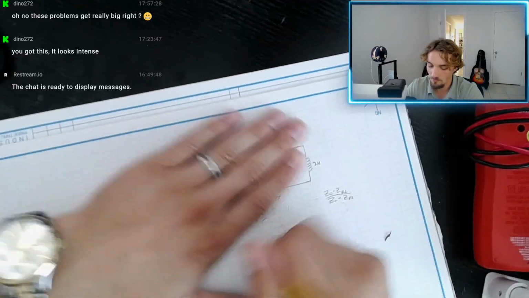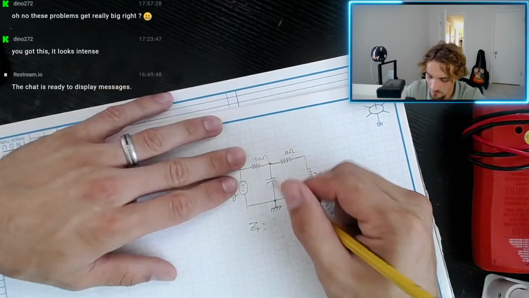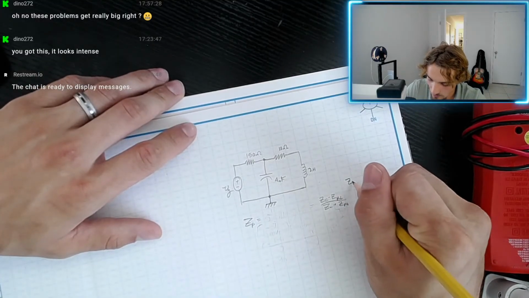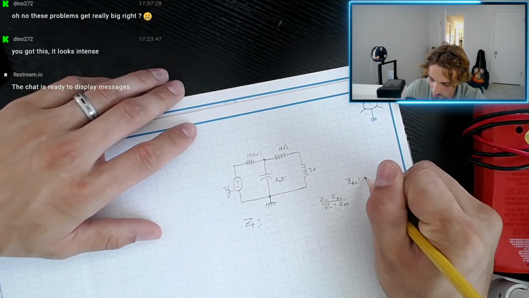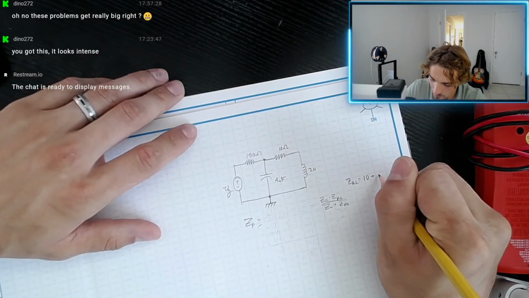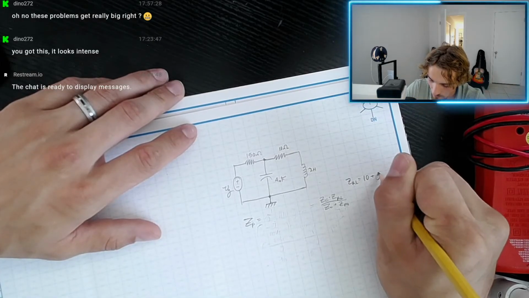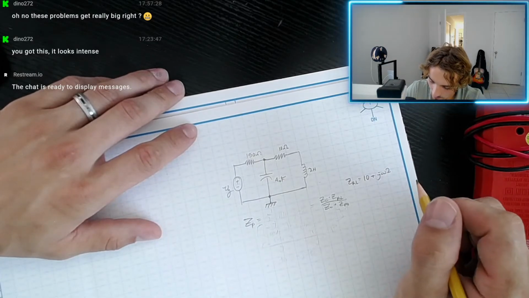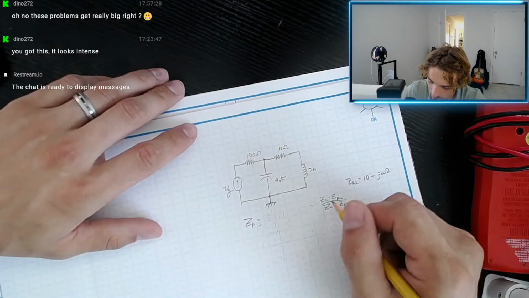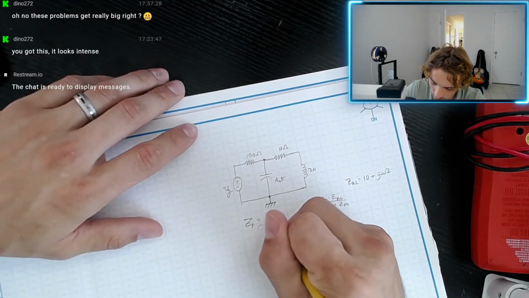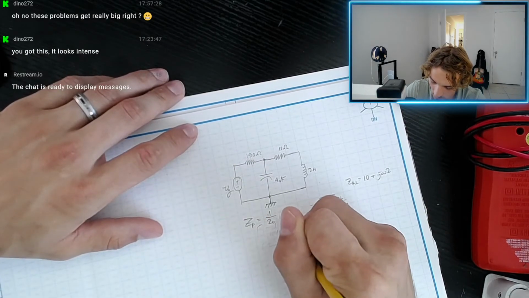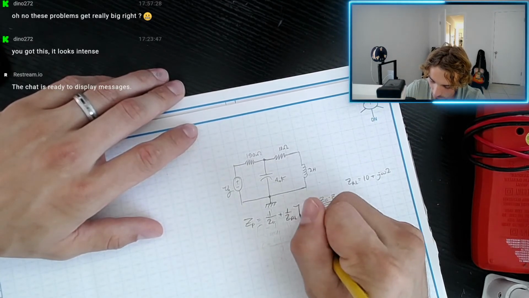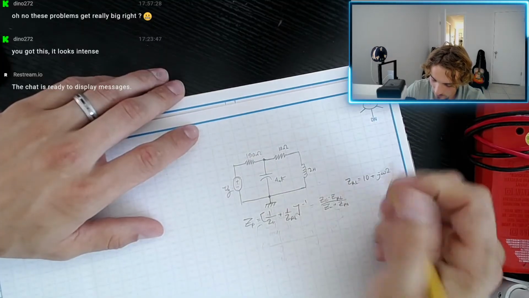Well, okay, let's define ZRL. ZC is literally just the capacitor impedance. ZRL equals 10 ohm plus j omega 2. So that's ZRL, and then ZC, and then ZP equals 1 over ZC plus 1 over ZRL, right, because they're in parallel.